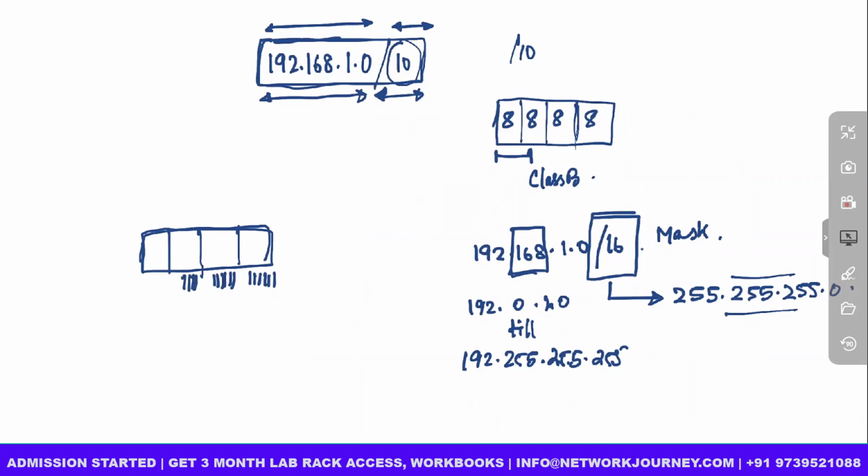These are all 8 bits. Start writing it in this order: 2 to the power 0, 2 to the power 1, 2 to the power 2, 2 to the power 3, 2 to the power 4, 2 to the power 5, 2 to the power 6. So how many are there? 1, 2, 3, 4, 5, 6, 7, 8. So if you count this, they are 255. So this is 255.